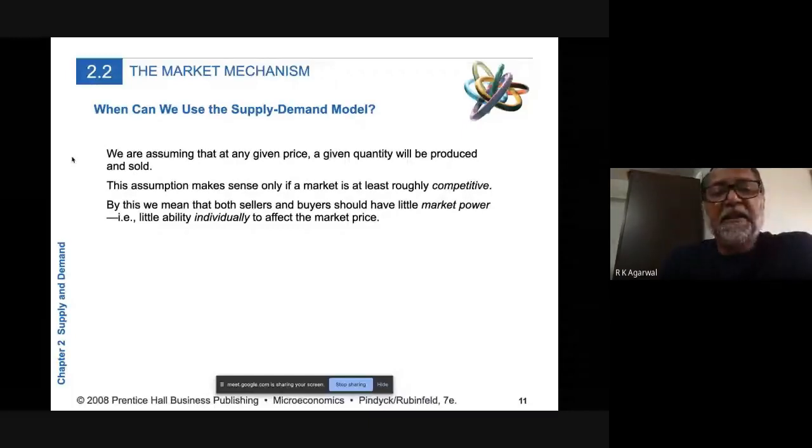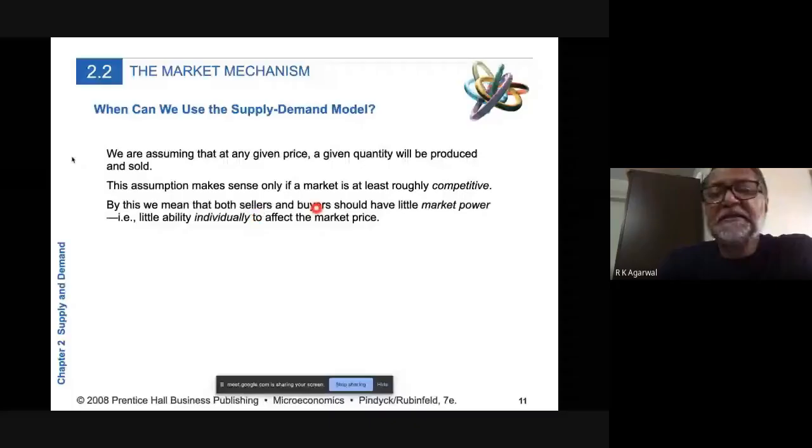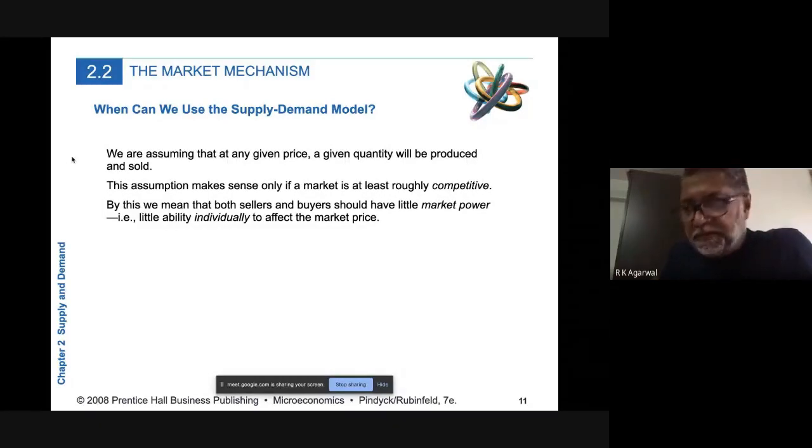A market is called competitive when both buyers and sellers have little market power. That is, they cannot individually change the market price. So, for example, if you go to a market to buy vegetables, can you alone, with your action, change the price of vegetables?